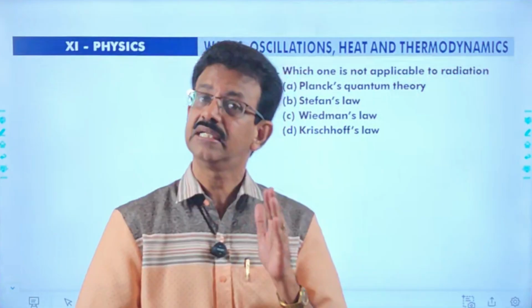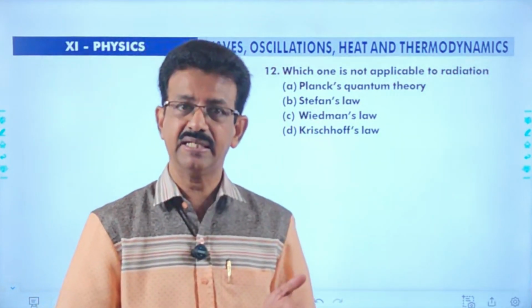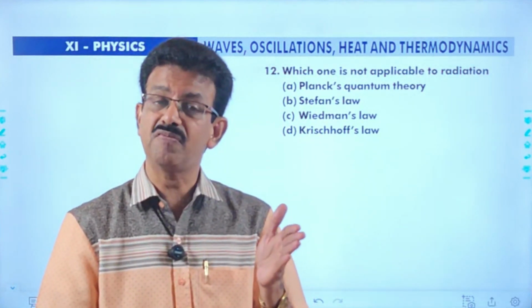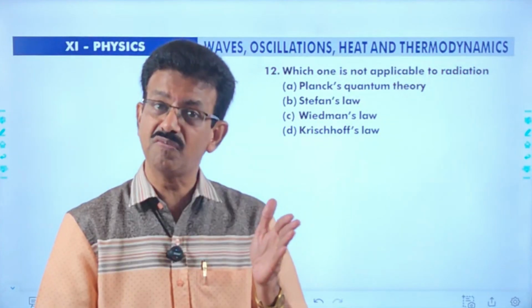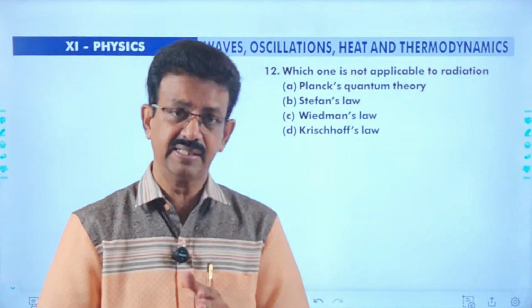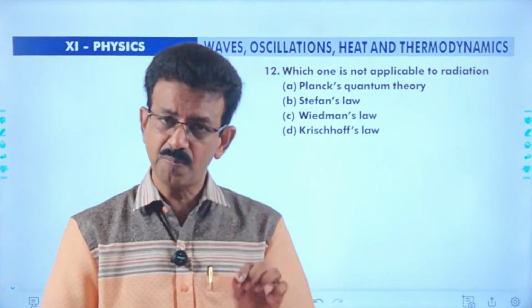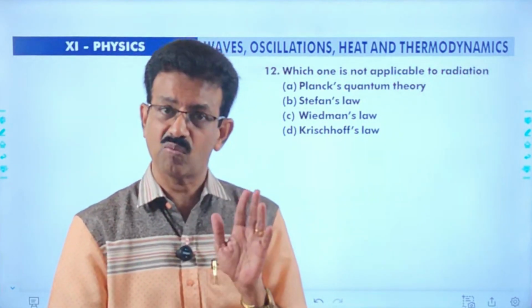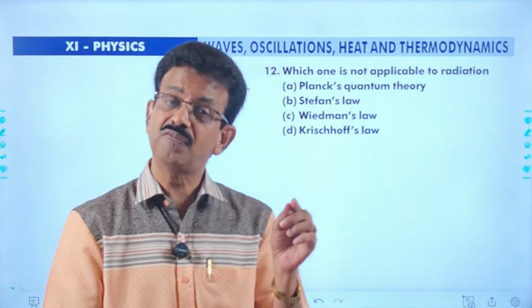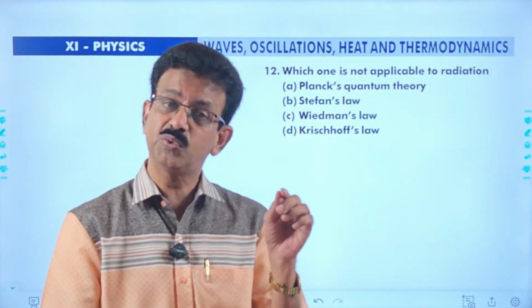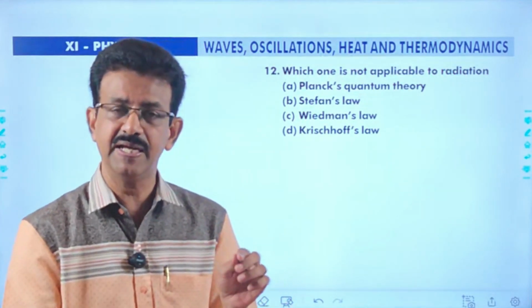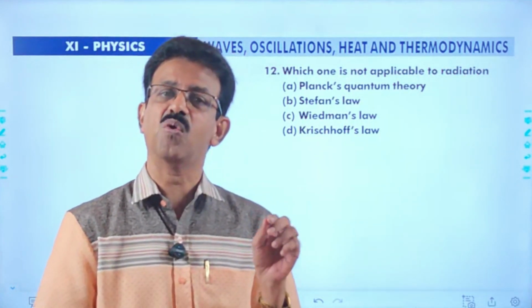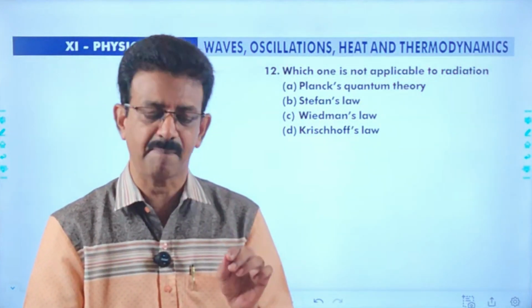Now, second one, Stefan's law. Already we have mentioned the radiant emittance of a perfectly black body is proportional to the fourth power of the absolute temperature. It is also applicable to radiation. Then, Wiedemann's law. What is it? The ratio of the thermal conductivity to the electrical conductivity will be a constant for all metals at a given temperature.